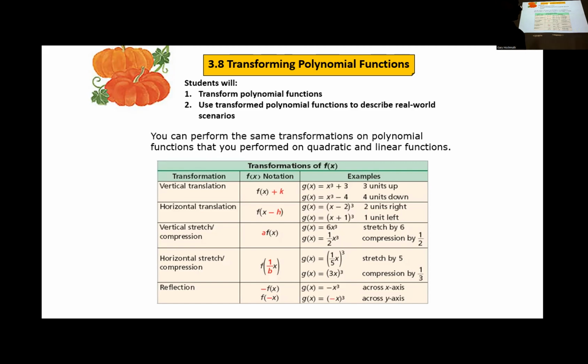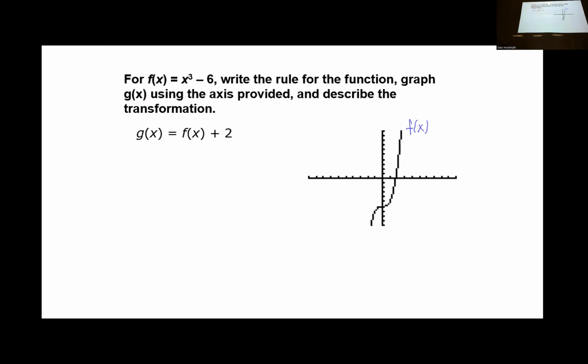So let's start with one that's not too hard. I have a function f of x equals x cubed minus 6. I want to write the rule for the function and graph g of x using this axis. I'll do it on the calculator over here.